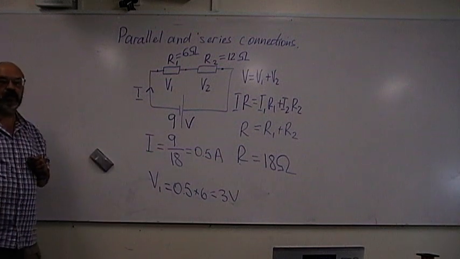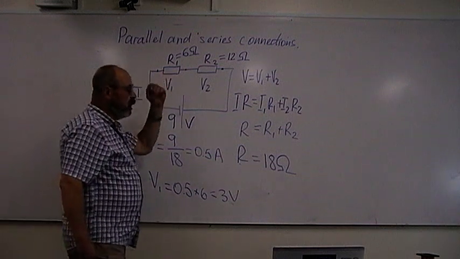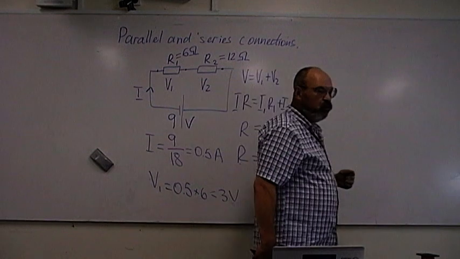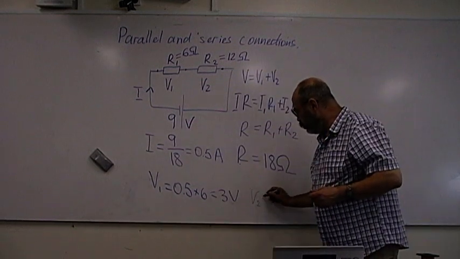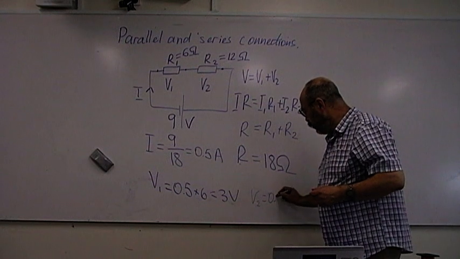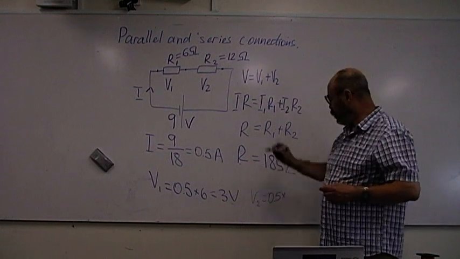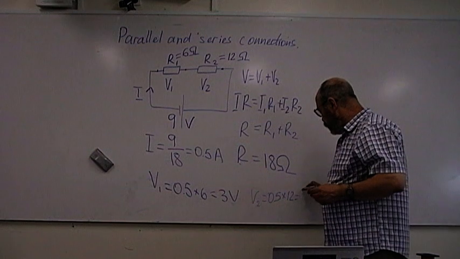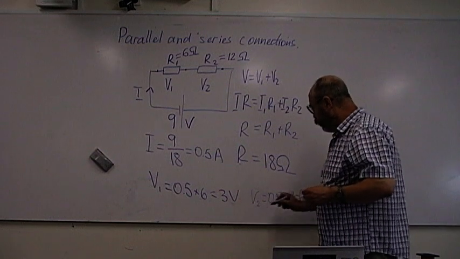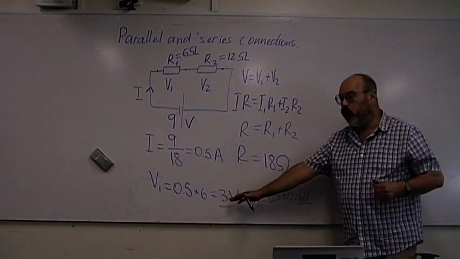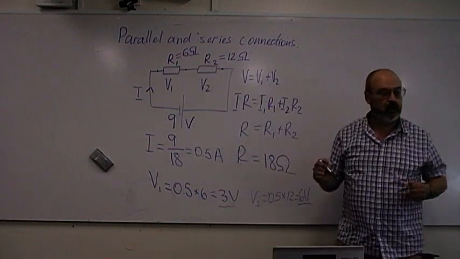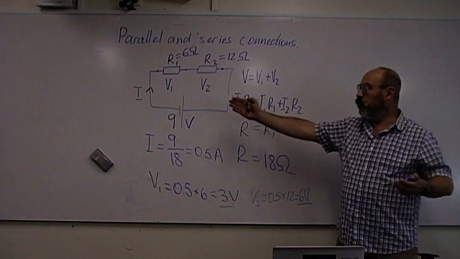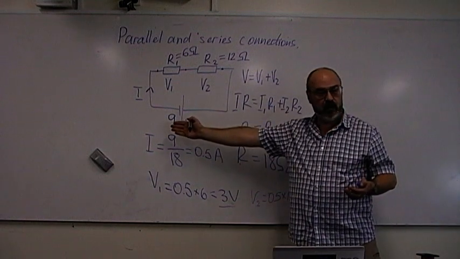So we have a voltage drop across resistor 1 of 3 volts. What will be the voltage across resistor 2? 0.5 times 12 equals 6 volts. And we can see that if we add voltage across R1 and voltage across R2, we will get the total voltage, 9 volts.